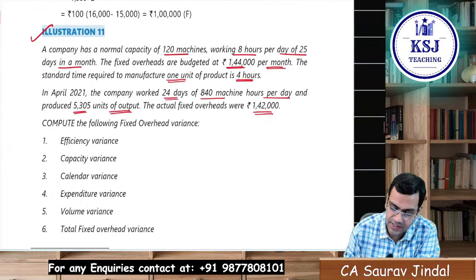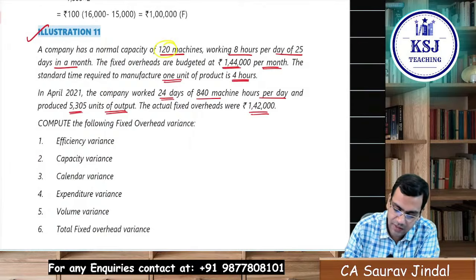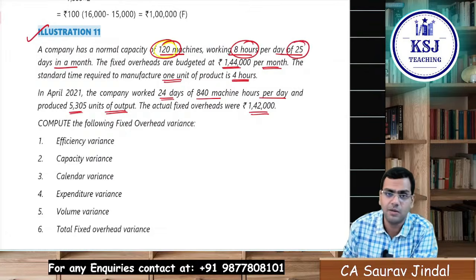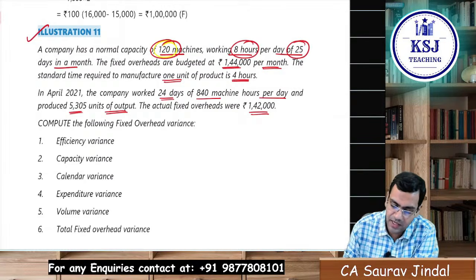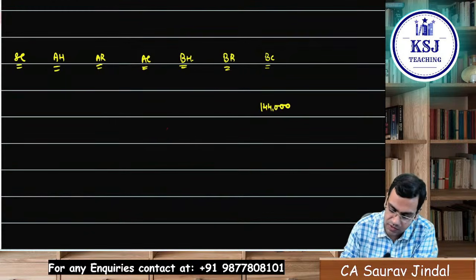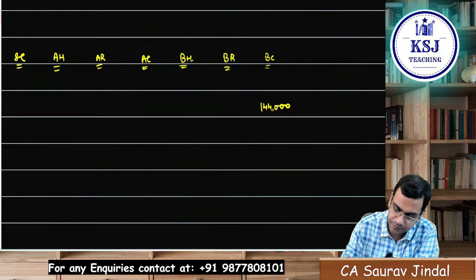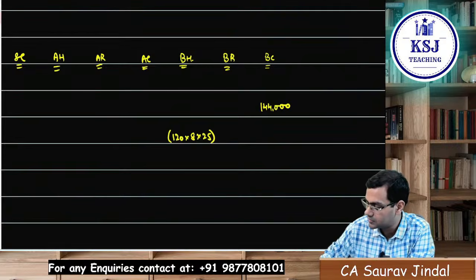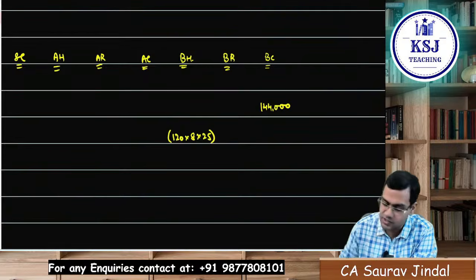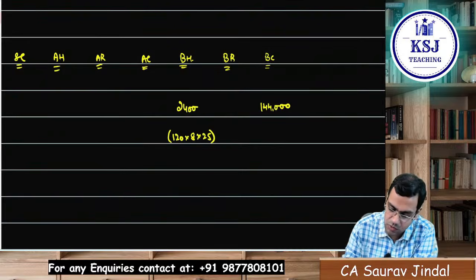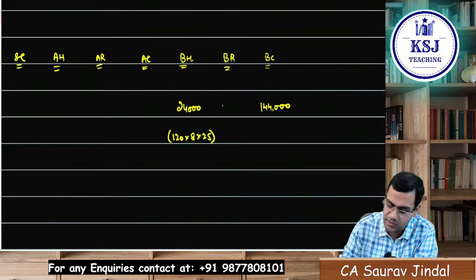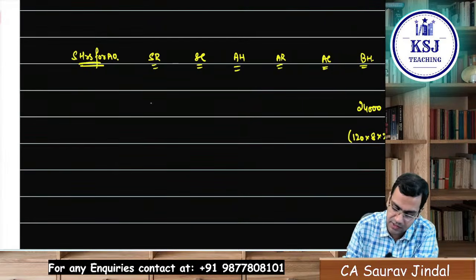He says 120 machines, they run for 8 hours per day and 25 days in a month. So we are talking about the monthly thing, right? So it will be 120 multiplied by 8 multiplied by 25. This is the normal that they do. This is the standard. That is 24,000 is the budgeted hours. So what will be the budgeted rate here? That is 6 rupees. So this budgeted rate I'll take up in the standard rate.